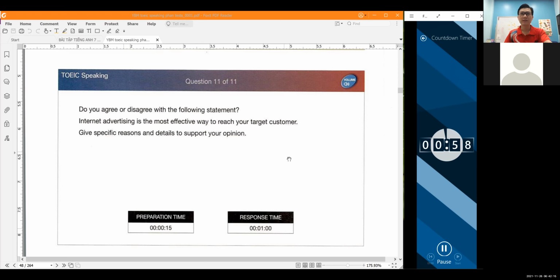In my opinion, I disagree. To tell, internet advertising is the most effective way to reach your target customer. I think internet advertising is just one of the ways to reach the target customer, not the most.